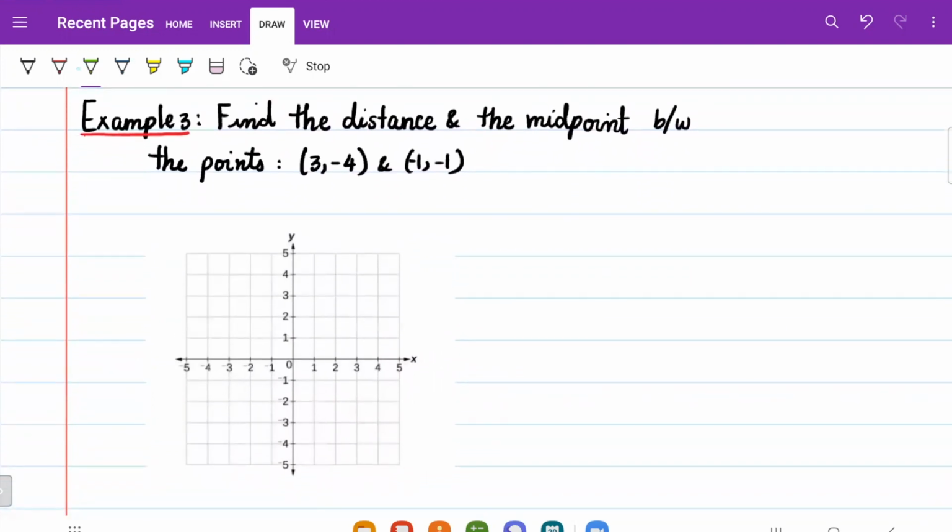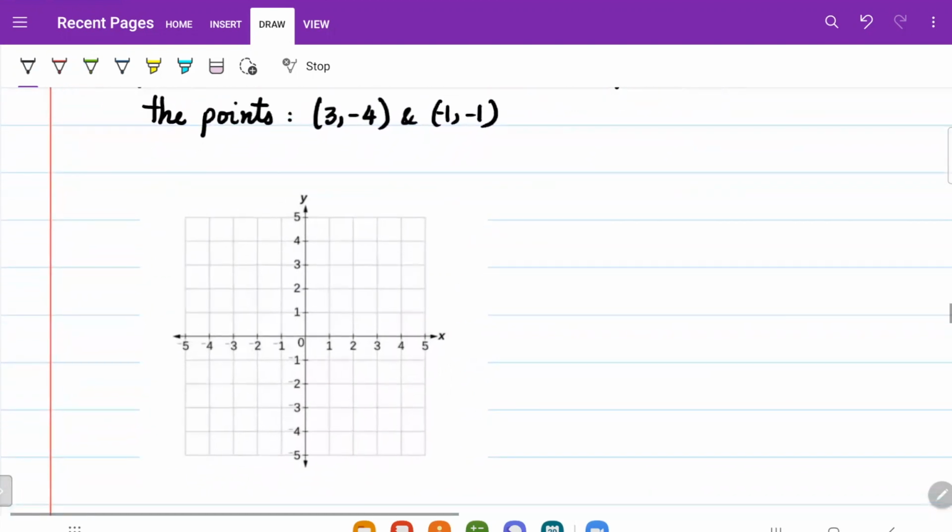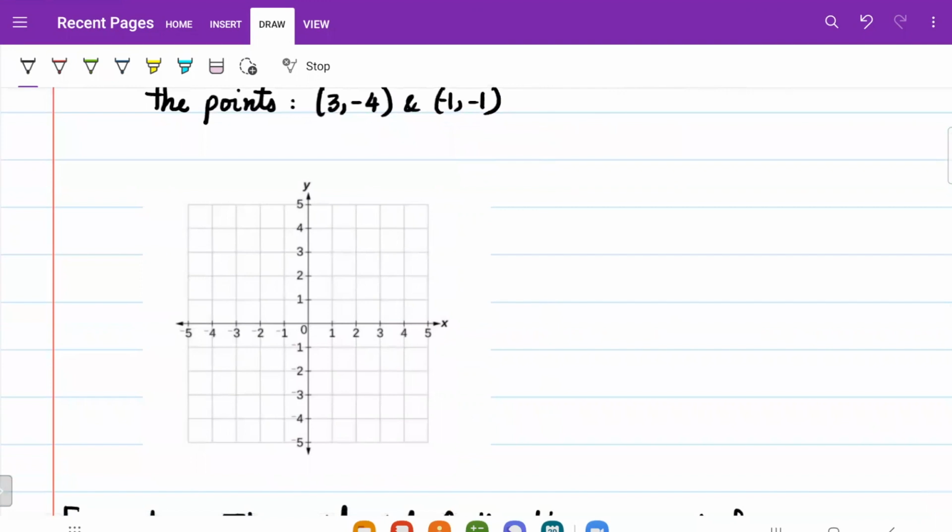Okay, let us do an example to make it much more clear. Let us first plot these points, 3, minus 4. So this is 3 here, and this is minus 4. Their intersection falls here. So this is 3, minus 4. Then we have minus 1, minus 1.